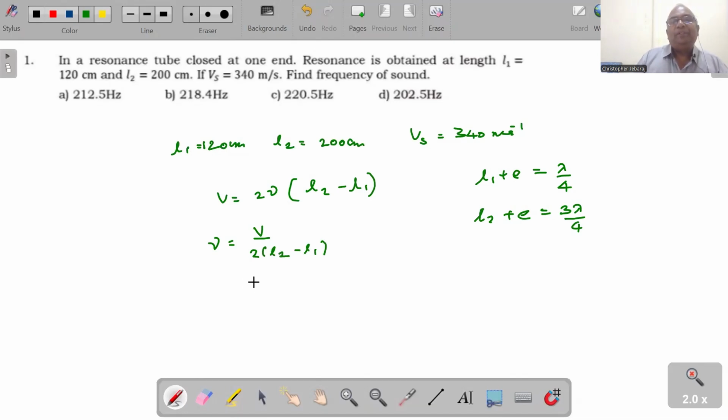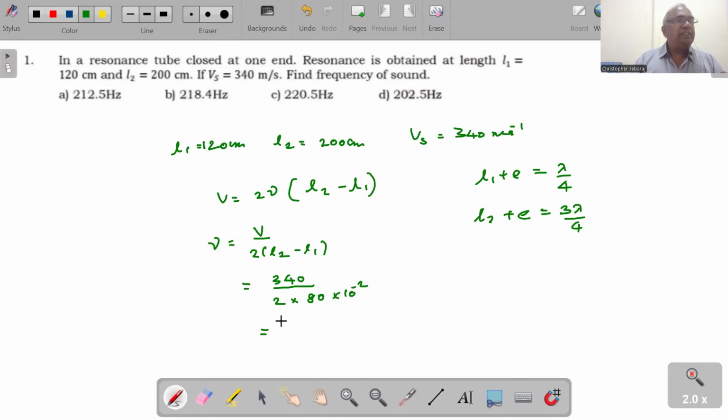V is 340. 2 into L2 minus L1 is 200 minus 120, which is 80, into 10 to the power of minus 2. So when it goes to the numerator, it becomes plus 2.